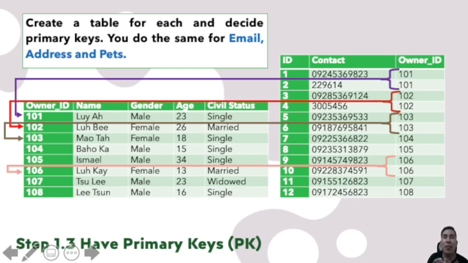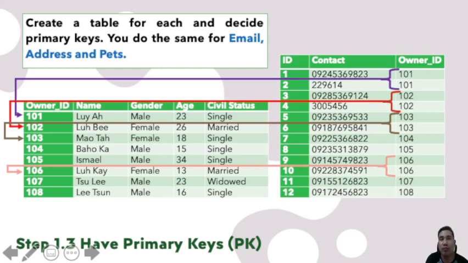Because you want to create a relationship between these two tables, by creating a primary key and foreign key, we have here the primary key owner ID, and then we have the foreign key in our contact table. So both of our tables now have primary keys for owner ID and for ID.